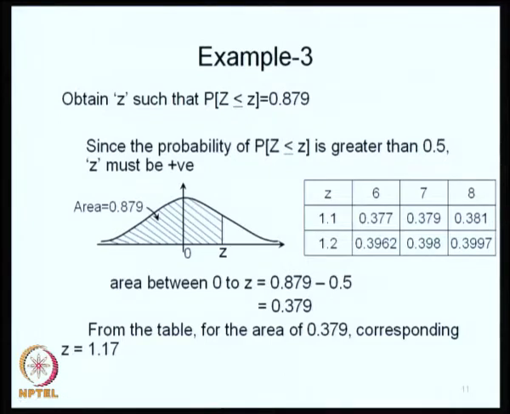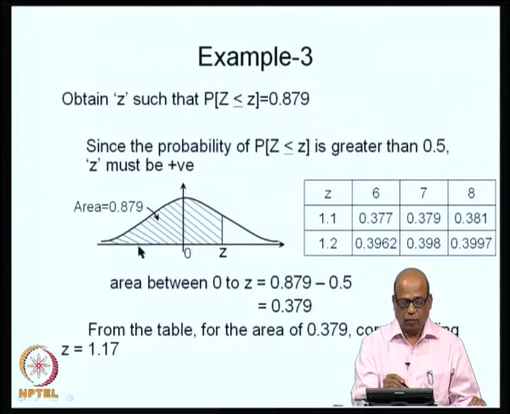Now, you must remember, because this probability is greater than 0.5, we are looking at the positive side of z equal to 0, that is, to the right of z equal to 0. So, from the tables, we look at this particular area, which is 0.379, which is 0.879 minus 0.5.